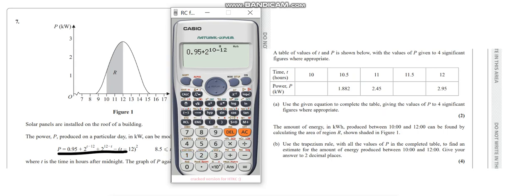Plus 2 to the power 12 minus T, which is 10, and minus the bracket whole squared, 10 minus 12. So our first value will come as 1.2.